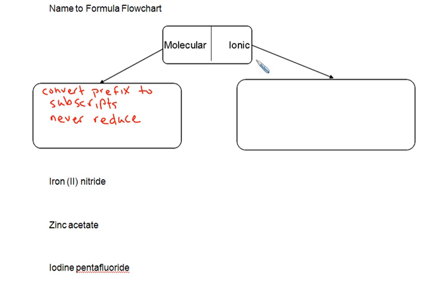Now, for ionic compounds, we're going to write down the cation with charge. The next thing we're going to do is write down the anion with charge.